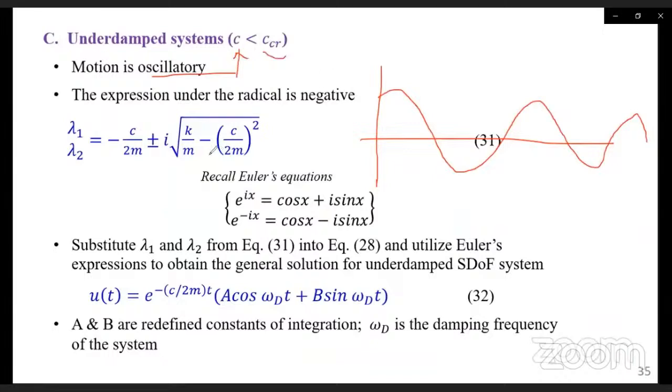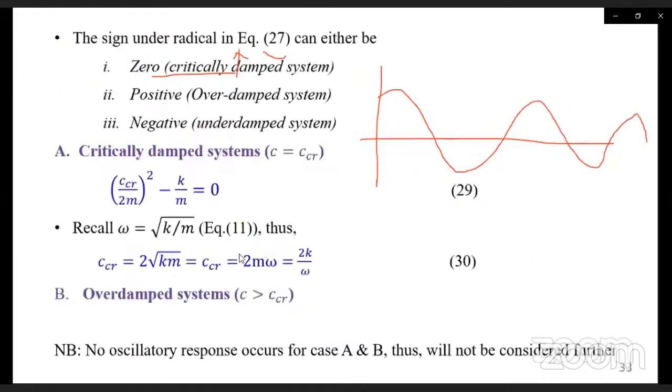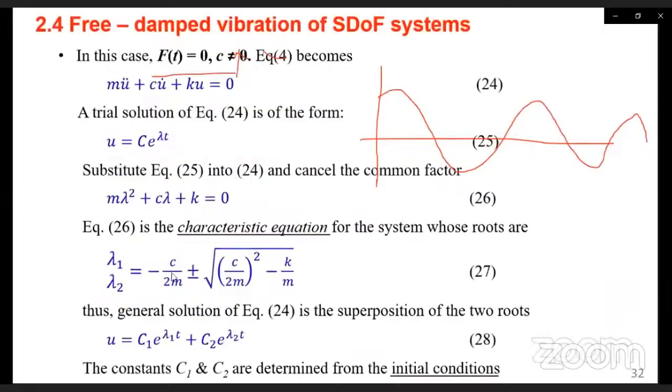For that to happen, going back to the initial equation 27, the value under the root will be negative.